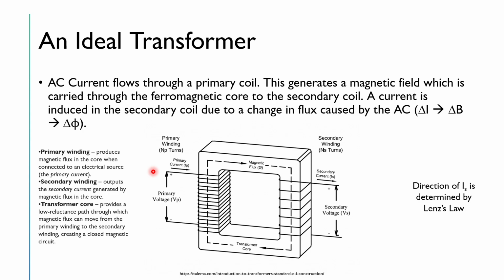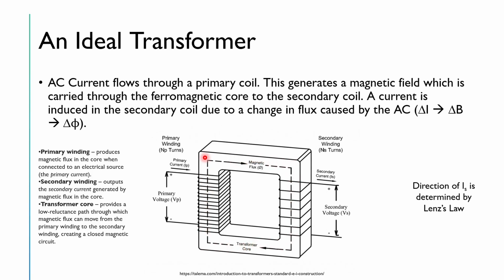This alternation of current is going to generate a magnetic field, but a magnetic field which changes. So if we got current going through from left to right, it's going to induce a magnetic field which is pointing in the upwards direction. And that magnetic field is able to be carried through a ferromagnetic core, essentially a piece of metal, generally iron, which is able to allow this magnetic field to travel throughout the entire core.